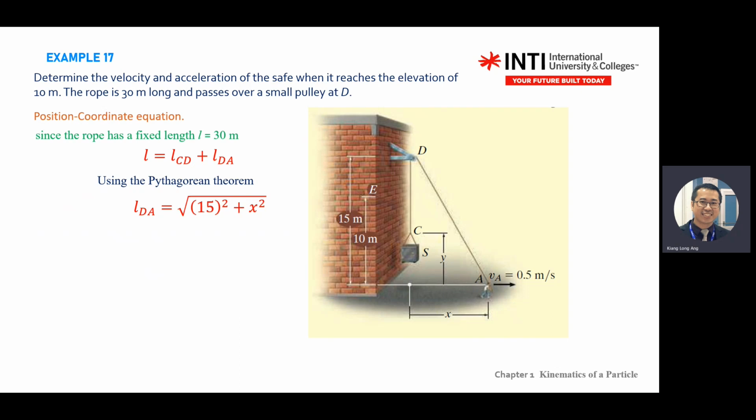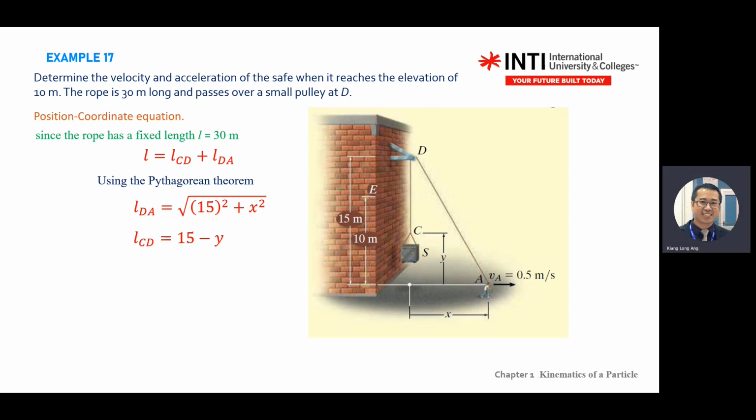There's a right-angled triangle here. So to find this one, you square this one, plus square this one, square root, and you get the length of this one. So that's what you see on the screen here. Another one is the length of CD. The length of CD is always 15 minus x1, if there's a change of parameter here, which is x1. So there are two equations that we derive from the diagram.